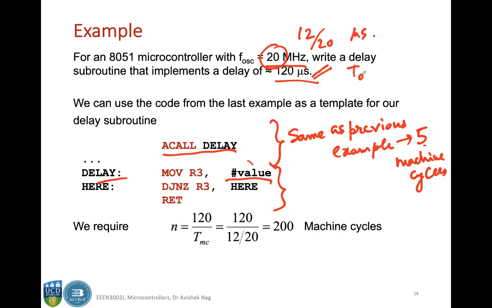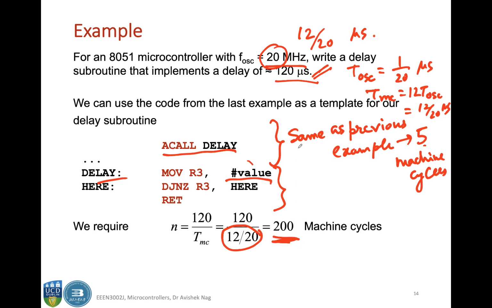So your T osc will be 1 over 20 microsecond, and TMC is basically 12 times T oscillator. So that gives you 12 by 20 microsecond, right? So this is your TMC for this example, and you have to create a 120 microsecond delay. So that means you need 200 machine cycles.